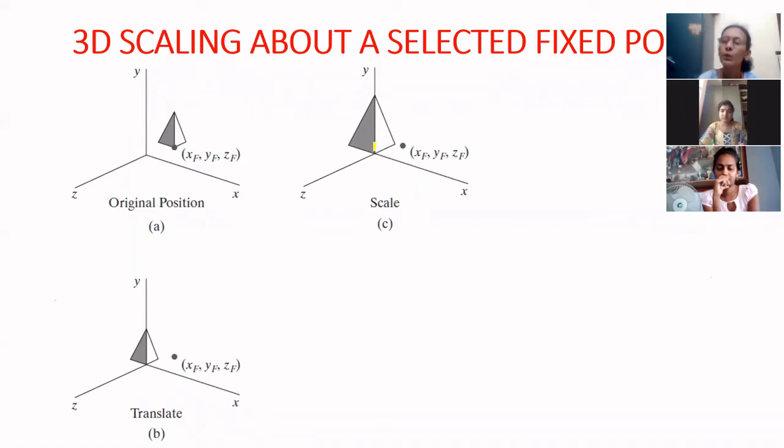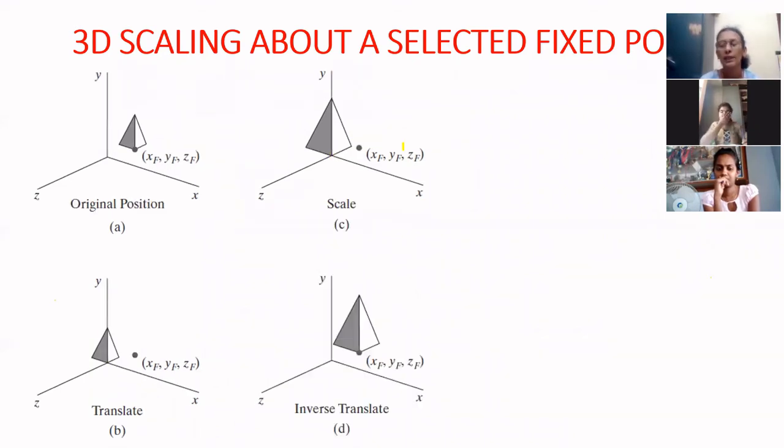Now we don't want the point at the origin. We want it at Xf, Yf, Zf. So how do we achieve it? We translate the object back to the original position, that is, we inverse translate. We translate this object so that this point, which is at the origin, moves to Xf, Yf, Zf.